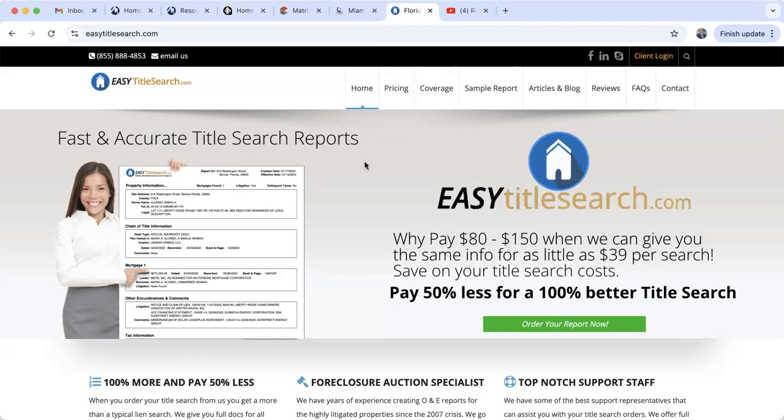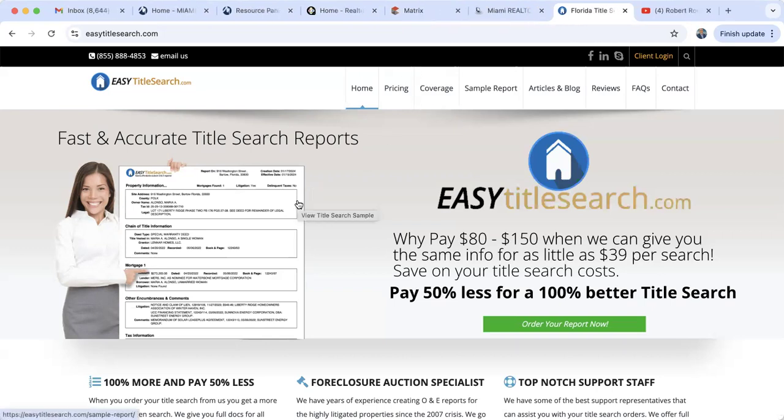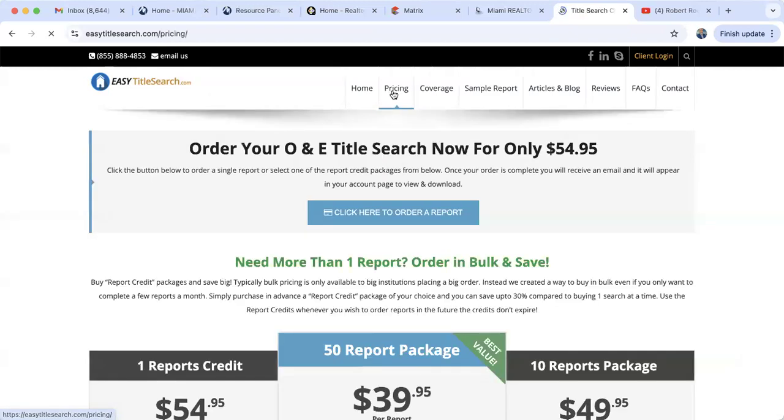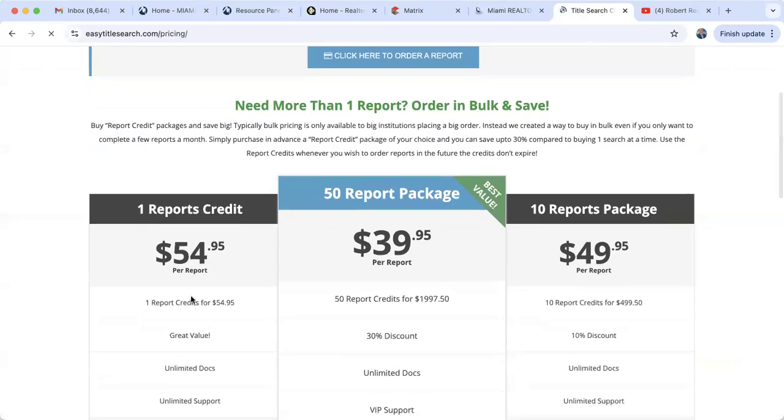There's a company that offers fast and accurate title searches for about $55, and it's easytitlesearch.com. Because if you contact a title company and ask them to run a lien search on a project, they're probably going to charge you $200-300, right? So at Easy Title Search, under pricing, you can get one report for $55, and it's an effective title search.